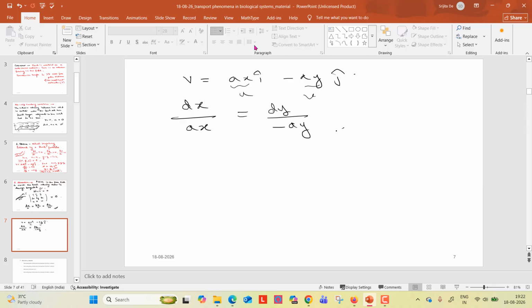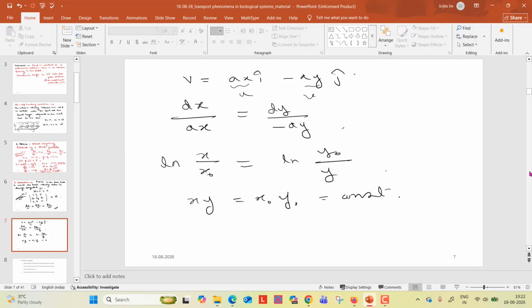So what is coming? If you integrate it, it will come as ln x by x naught equals ln y naught by y, right? Now if you take out the ln, it will come as xy equals x naught y naught equals constant. So its expression is same as the path length, right?